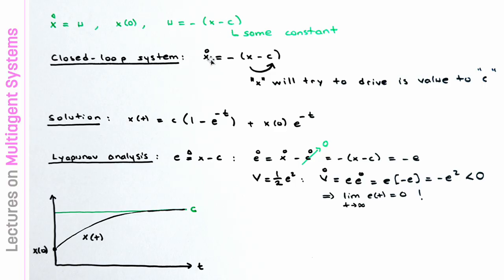So if you write the closed-loop system, it will look like this. You can group it under the minus sign in parentheses. What this means, if you are familiar with dynamical systems, is that x will try to drive its value to the command c. So the state eventually will approach this command. And you can even analyze its equilibrium point.